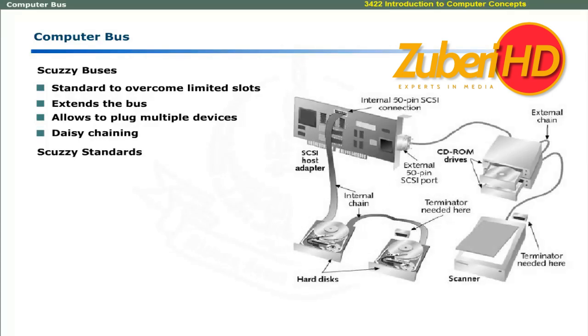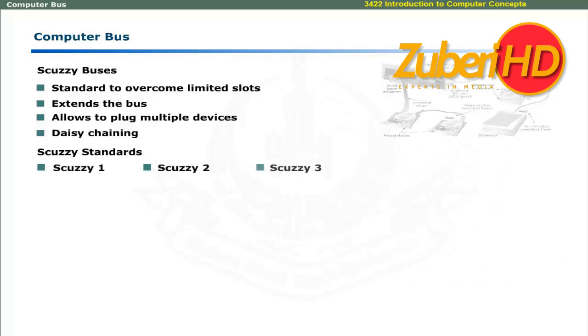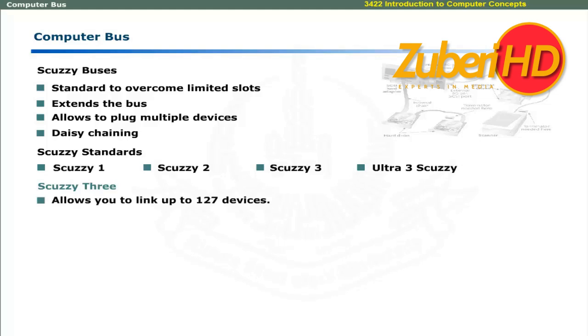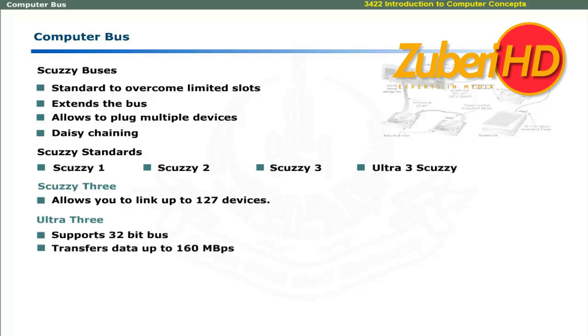Different SCSI standards have been introduced. The emerging standard is SCSI 3 that allows you to link up to 127 devices. The newest Ultra 3 SCSI standard supports 32-bit bus and can transfer data at a speed of up to 160 megabits per second.